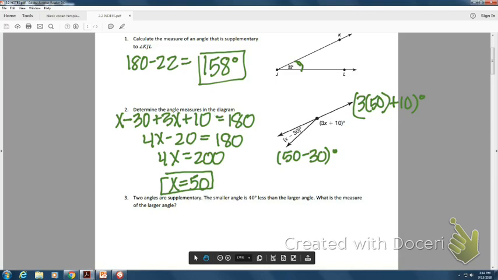So what is the measure of your two angles? 20 degrees and 160 degrees. You can always double check your work because you want to make sure that your two angle sum is indeed 180.